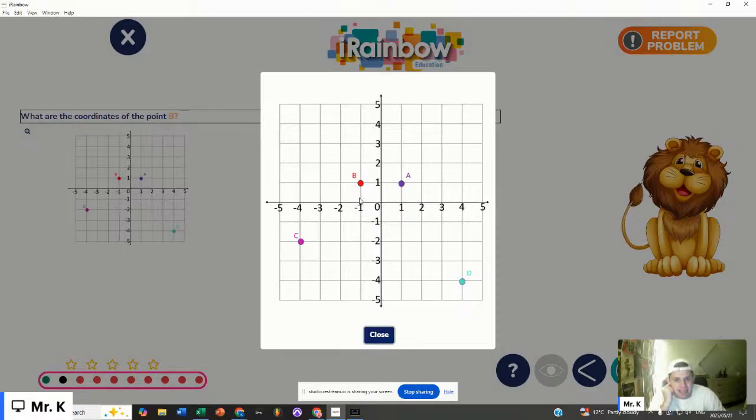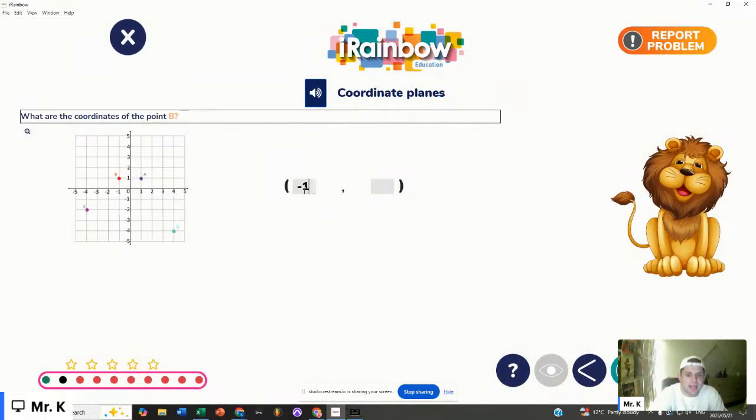We can see that the x value, according to this diagram, is negative 1. And the y value, according to our y-axis, is positive 1. So our coordinate for point B needs to be negative 1, positive 1.